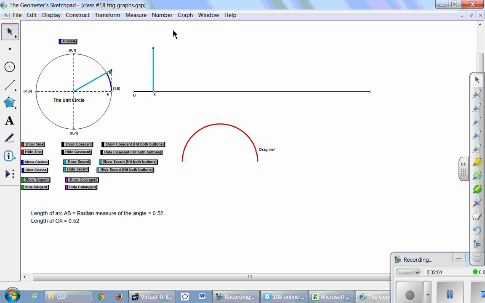Just extend that line forever. So imagine that line going forever. And just like before, we draw a vertical line at 1, 0 and extend it forever. And wherever those two forever lines meet, put a dot there. And the length of this line segment from the origin to that dot turns out to be the secant of this angle theta.